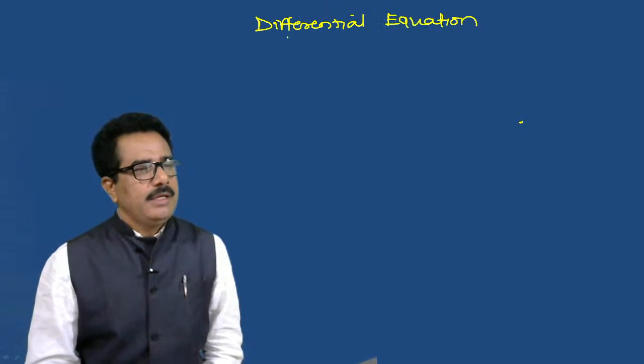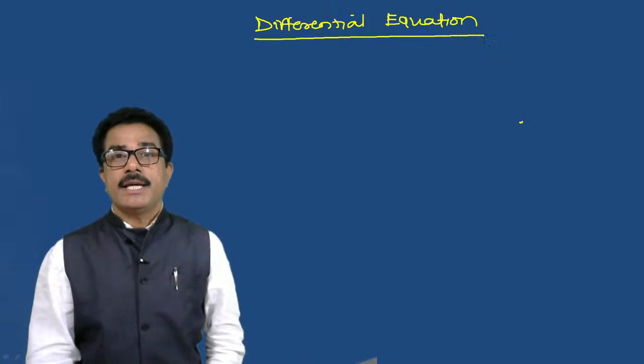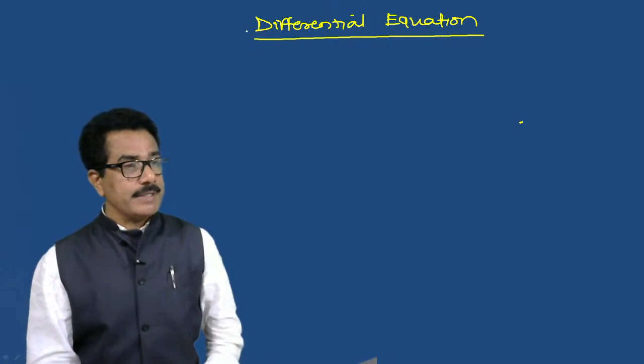We are going to define it differently. So differential equation in the form of a function is that, here heading differential equation. When the form of a second order, third order differential equation comes, it represents a function.